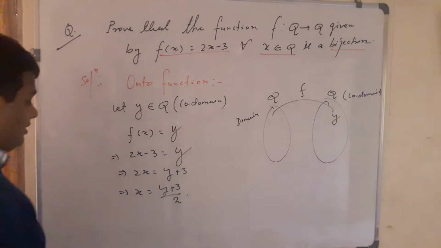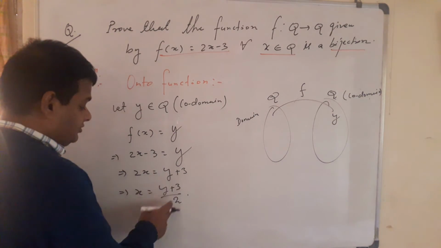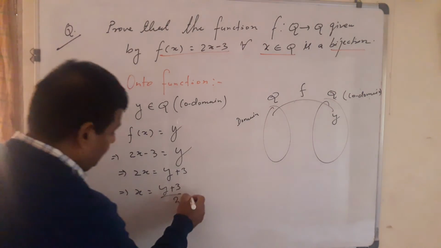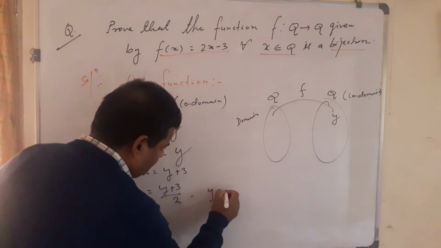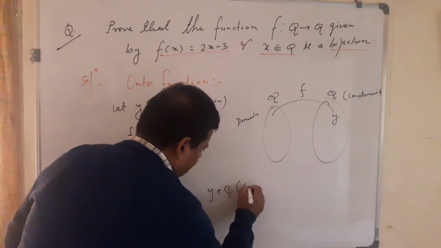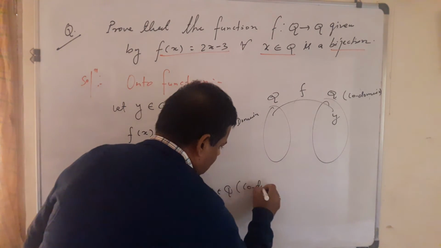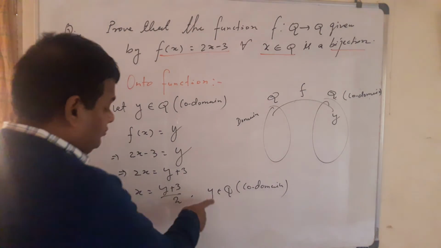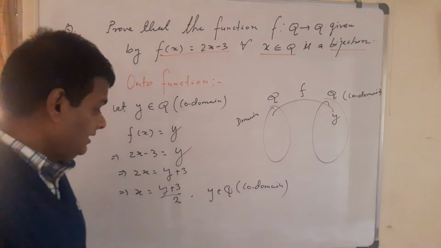Here y belongs to Q, the codomain, where Q is the rational numbers.